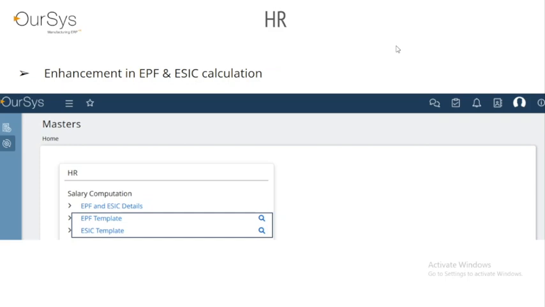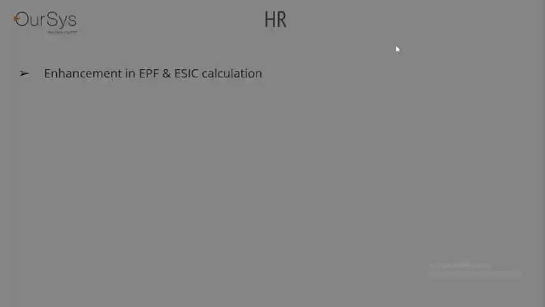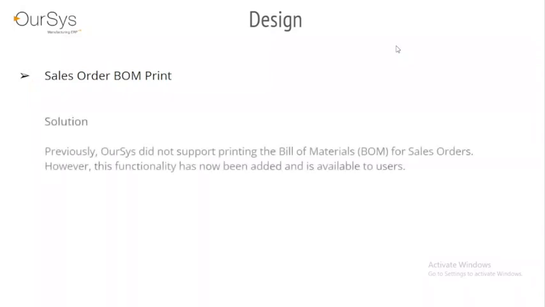However, if a specific change was needed for an individual employee, it was not possible before. Now, we have introduced the ability to create customization templates and assign them to employees as needed, allowing for more flexibility and precision in managing employee benefits.